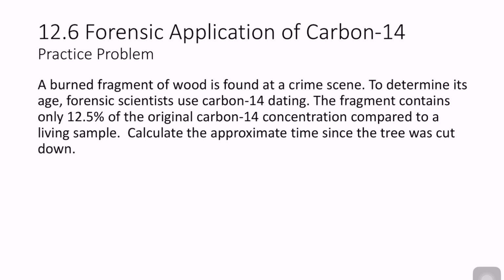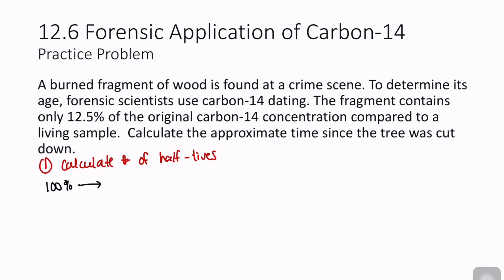The first thing I need to do is calculate how many half-lives have gone by. So if I originally start off with 100%, I need to see how many half-lives go by in order to get down to 12.5.